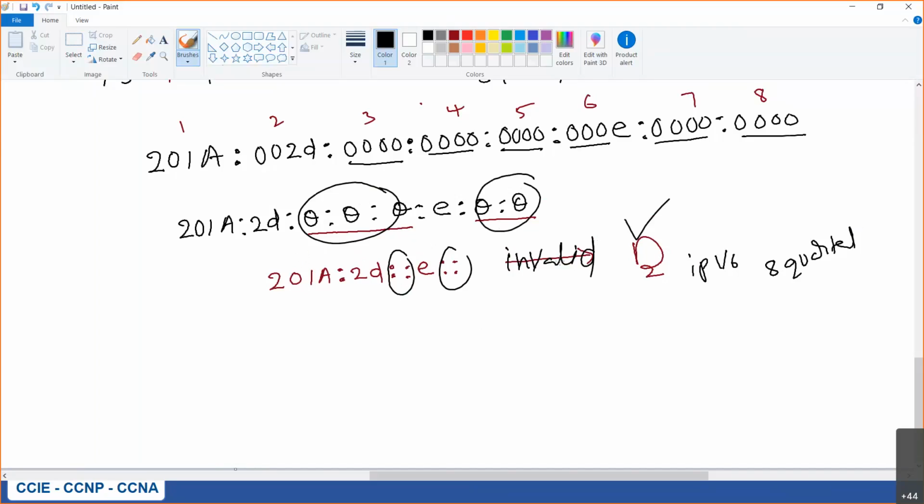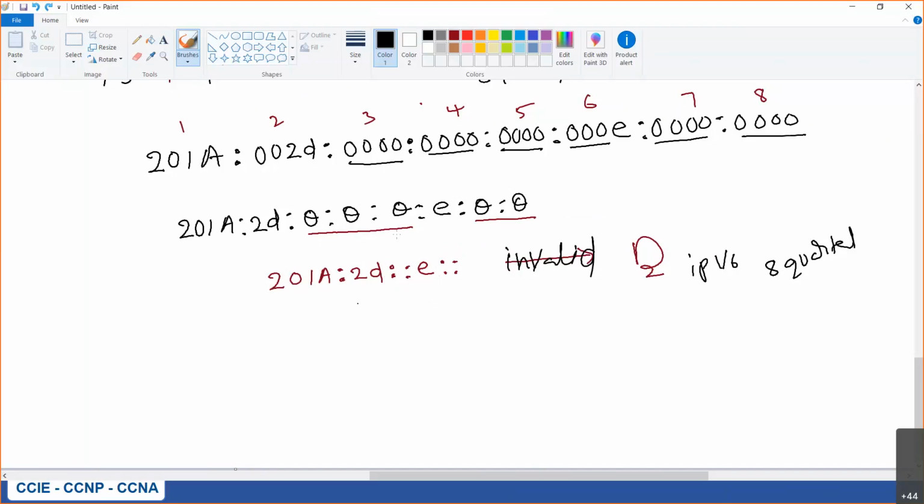How can we convey that? Double colon indicates simply multiple fields. We have assigned 3, remaining 5 are missing. So we can use a double colon only once in an address. Multiple fields we can represent with a double colon, but the condition is only once. We can't use it twice because your device will be confused.